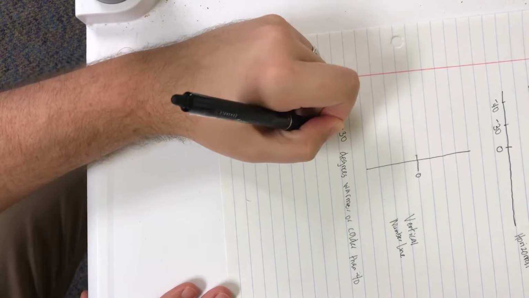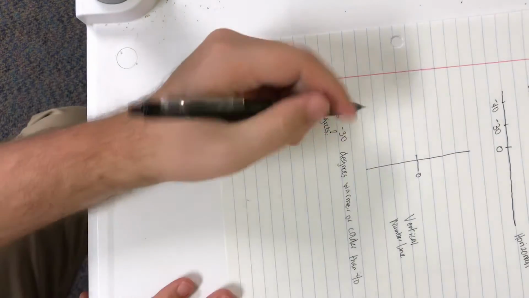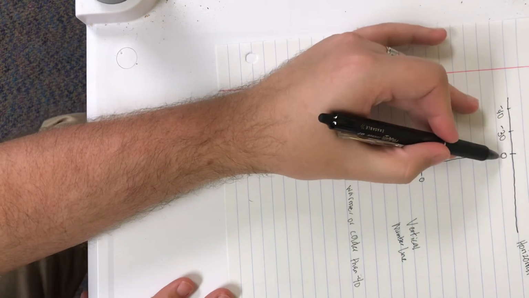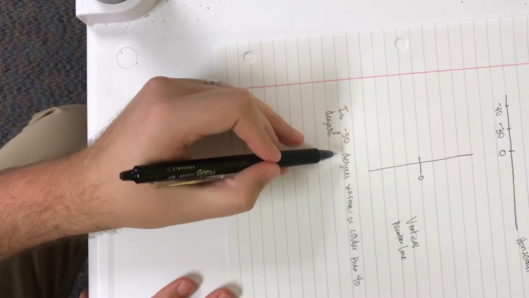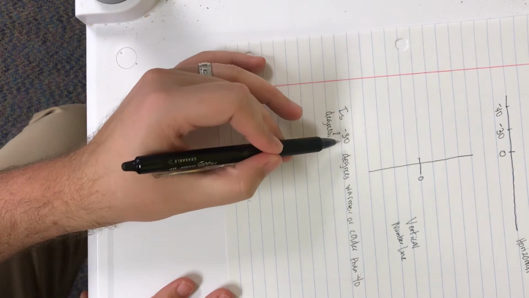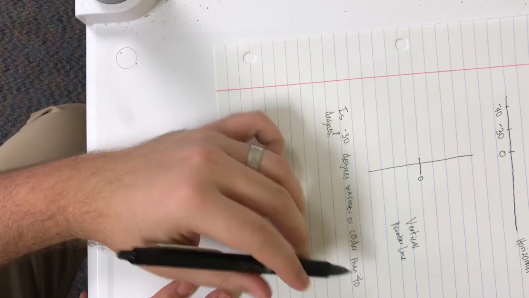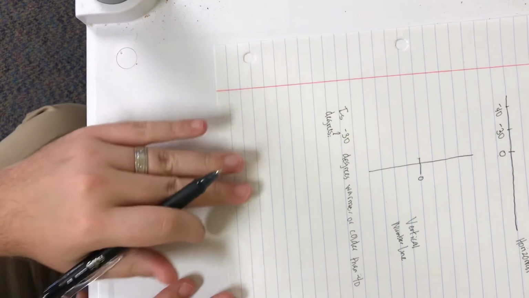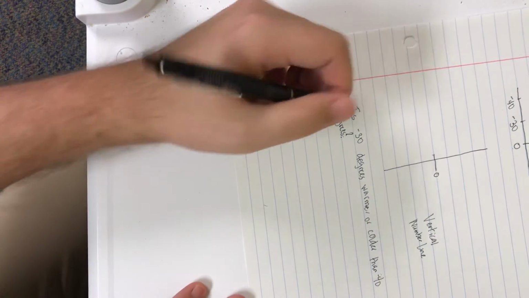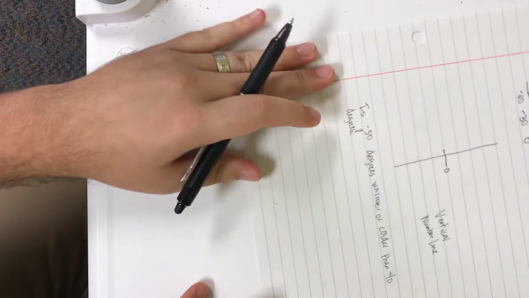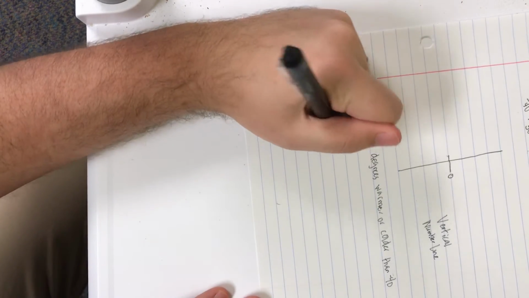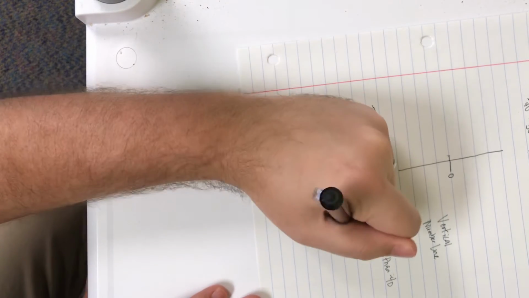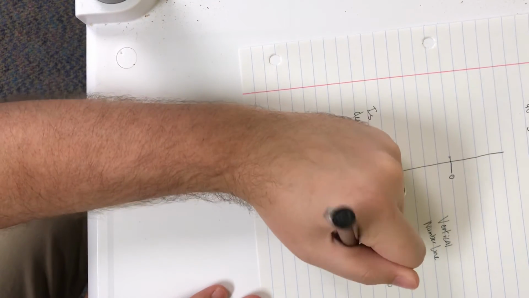So that's what we want students to take away from this, is that in order to explain this, they could say that negative 30 is closer to zero than negative 40, which makes it warmer, or they could say that negative 30 is greater than negative 40, which also means that it's warmer in that context. So we want students to understand that. So writing this down, negative 30 is closer to zero than negative 40.